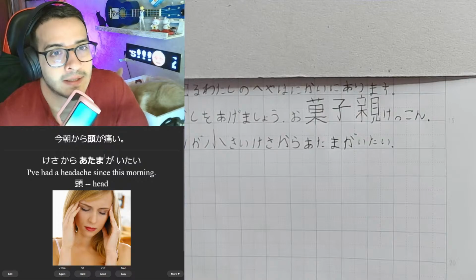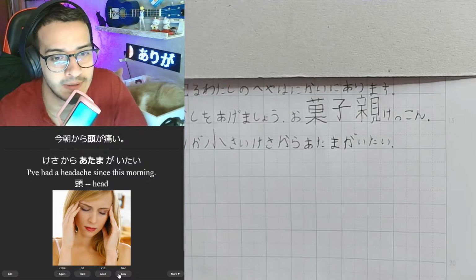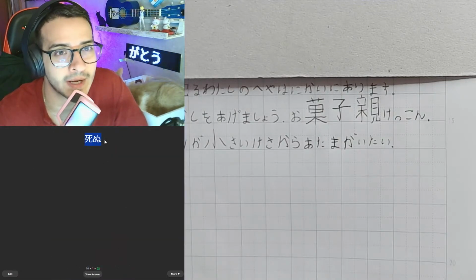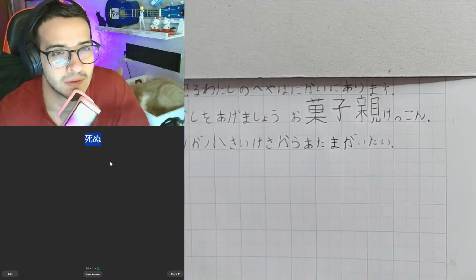Easy. Alright, how do we read this kanji?